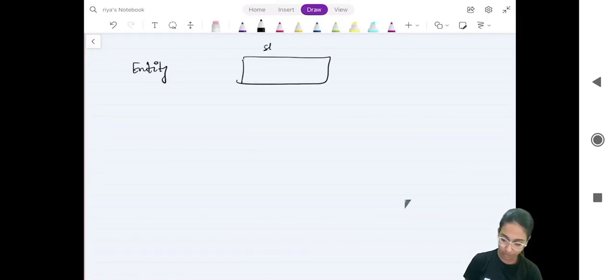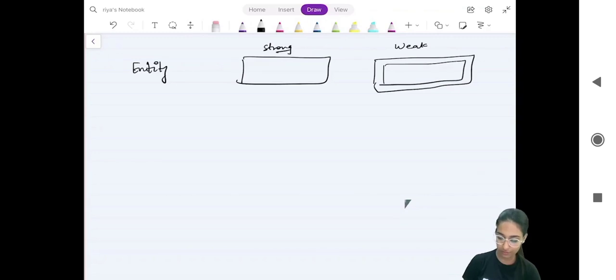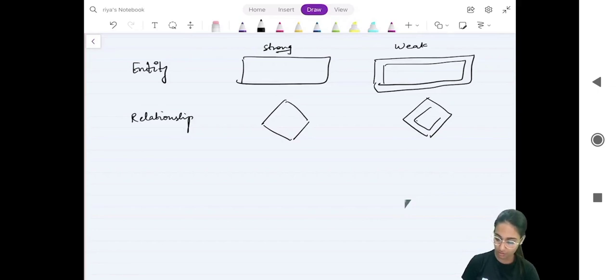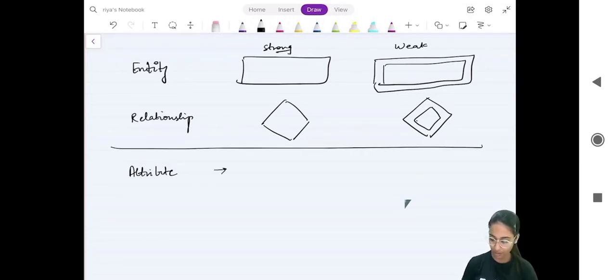Box for strong, weak with this. Relationship, strong with this, weak with this. Attribute works a little differently. A normal attribute is like this.